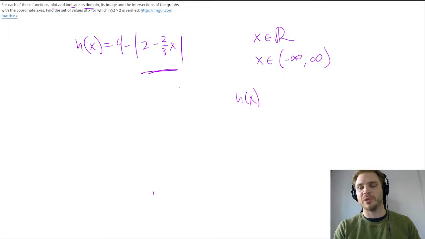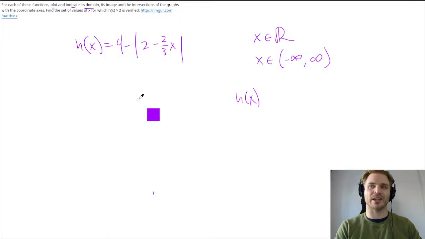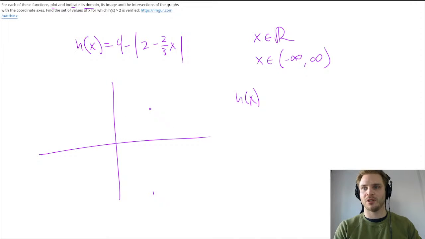If this is bigger than 0, it means you're subtracting a positive number, which means it's going to decrease from 4. And we saw that on our final graph. We had this point at 4, I think this was 3, and then it looked like this, right? The y values start at 4 and then go down.